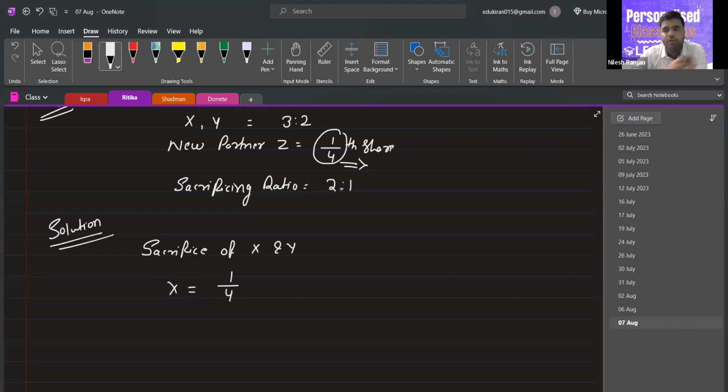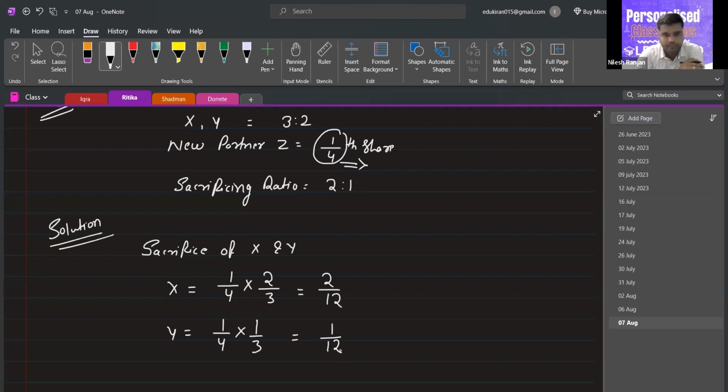Okay. So we will know how much X and Y have paid, or given from their share, to Z. So X's sacrifice will be 1/4 into 2/3, and Y's sacrifice will be 1/4 into 1/3. So their sacrifices are 2/12 and 1/12. Okay.